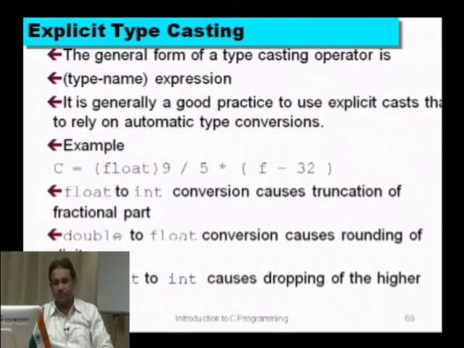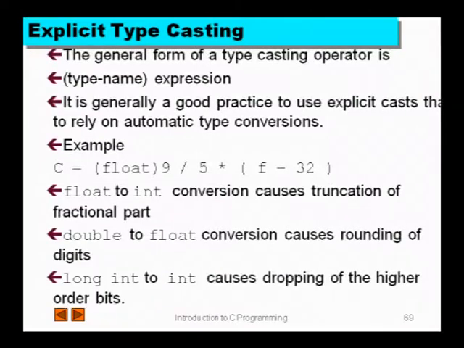Yes, what is the general form of explicit typecasting, or what are the rules we need to follow for explicit typecasting? As we have seen rules for implicit typecasting, similarly we need to follow some rules for explicit typecasting. The general form of a typecasting operator is type name and expression.